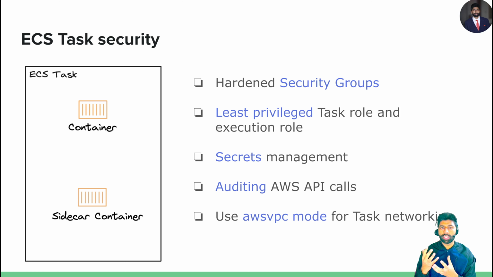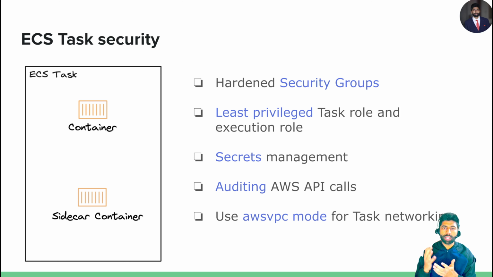A task role is the role which is used by the application running inside your task. For example, let's say you have a Java application which is running within the ECS task. Your Java application needs to read the secrets from AWS Secrets Manager in order to connect to the database. Now, the task role is that IAM role which will contain the permission to retrieve that secret from the Secrets Manager.